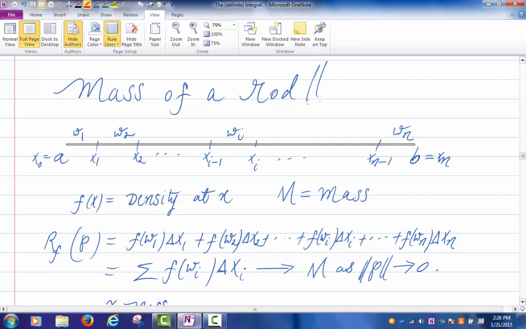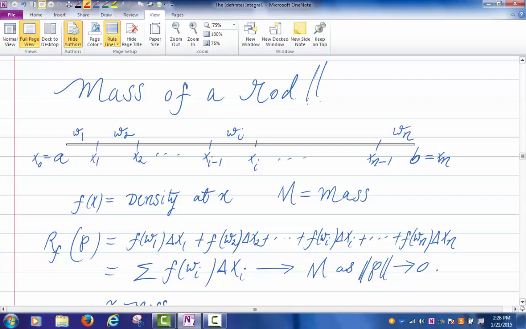What distance did you cover? 120. What did you do? Multiply. In this case, I'm saying that the density is constant everywhere. Density is what? Mass per length. So if I multiply density with total length, I get the total mass. So total length multiplied by the constant density will give me the total mass, right? Do you agree with that?